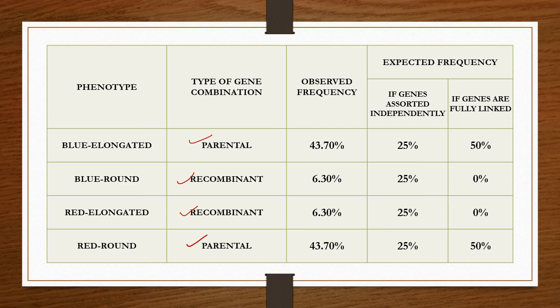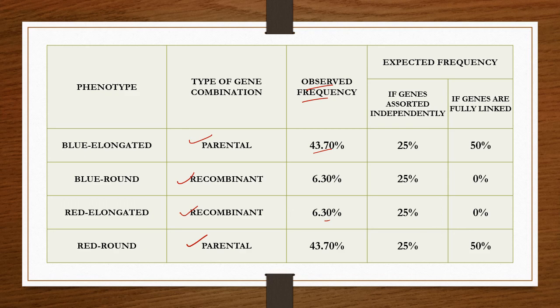The observed frequency in Bateson and Punnett's experiment is 43.7% for the parental blue and elongated, 43.7% for the other parental combination red and round, 6.3% for blue and round, and 6.3% for red and elongated.